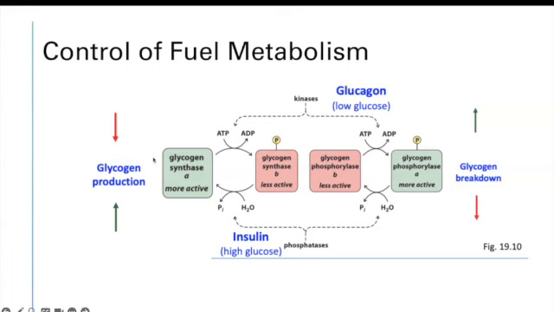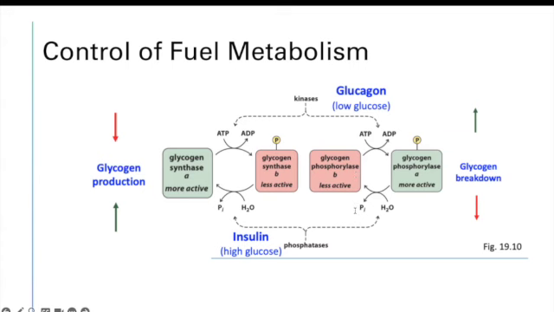In adipose tissue, insulin activates extracellular lipoprotein lipase, increases levels of acetyl-CoA carboxylase, and stimulates triacylglycerol synthesis, and also suppresses lipolysis, because again, we don't need to make more glucose available. We want to store it. In the liver, it promotes glycogen synthesis and triacylglycerol synthesis as well, and suppresses gluconeogenesis.